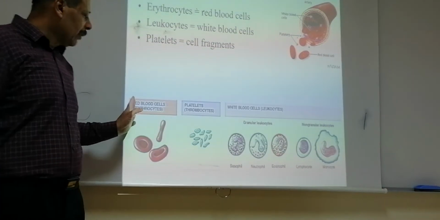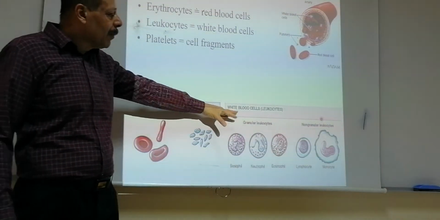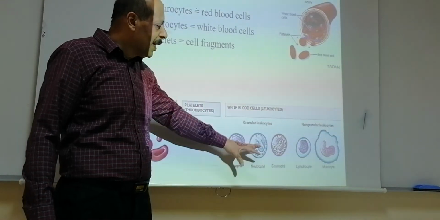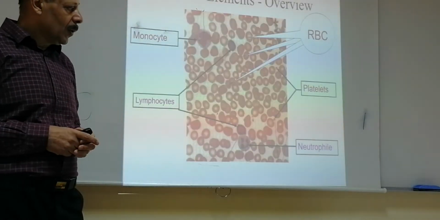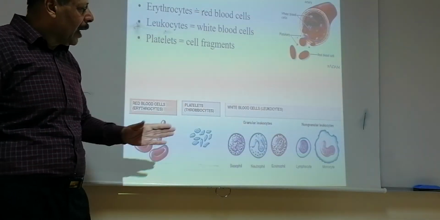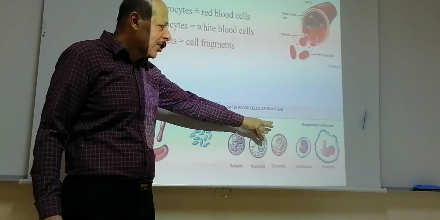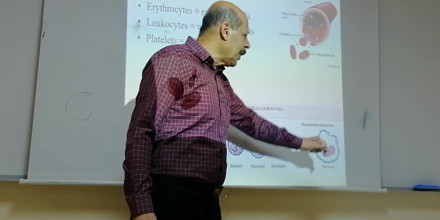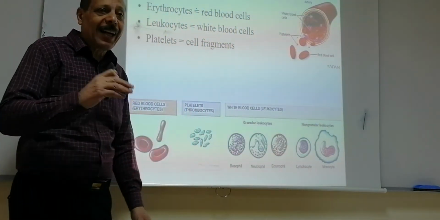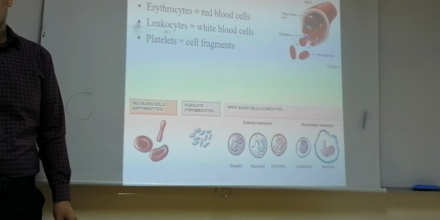So, erythrocytes or red blood cells, and white blood cells, and we said that there are two types of white blood cells: granular leukocytes and non-granular leukocytes, granulocytes or agranulocytes.